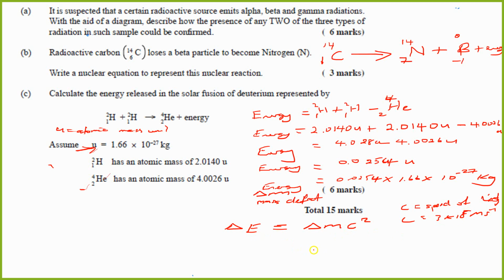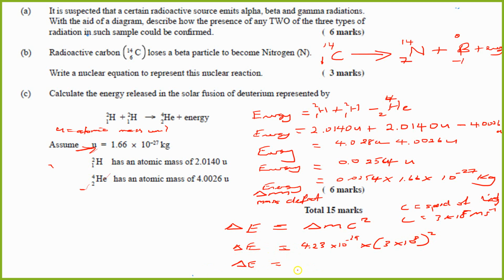Now, when I put in that value, the mass defect is 4.23 times 10 to the minus 19 times 3 times 10 to the 8 squared, which gives the change in energy.